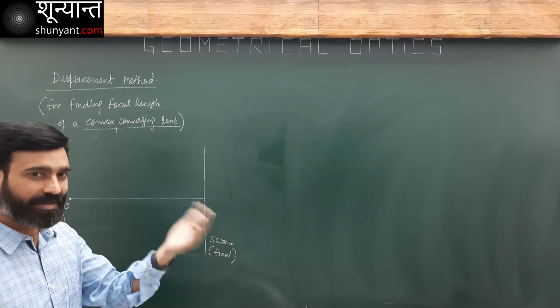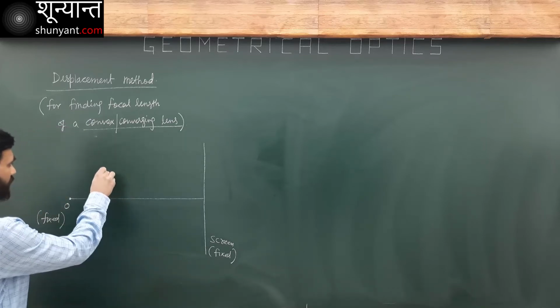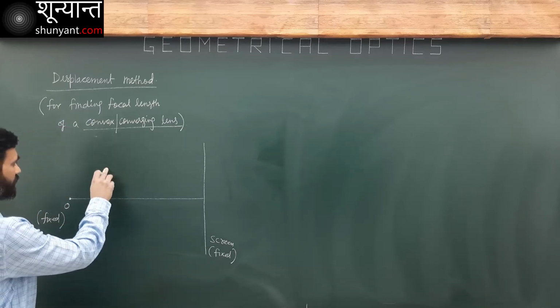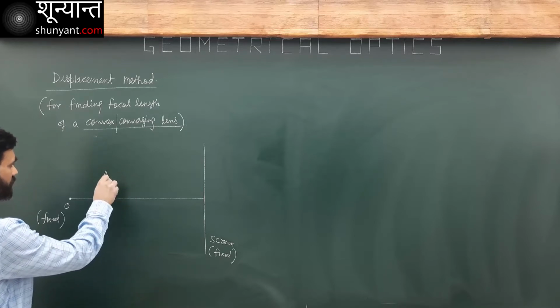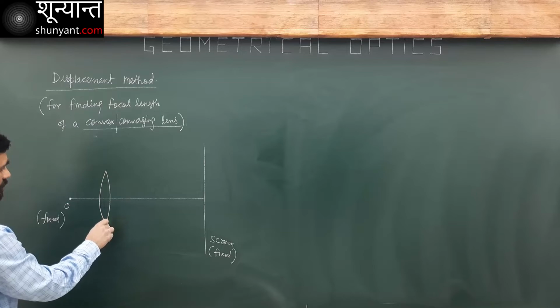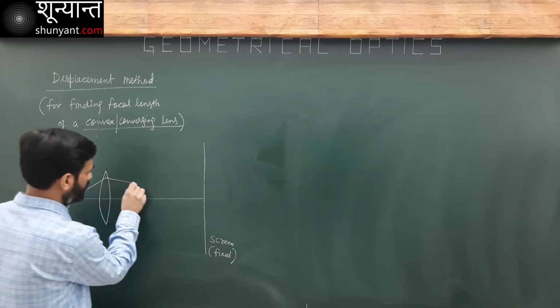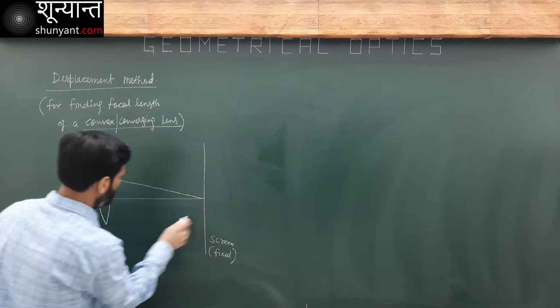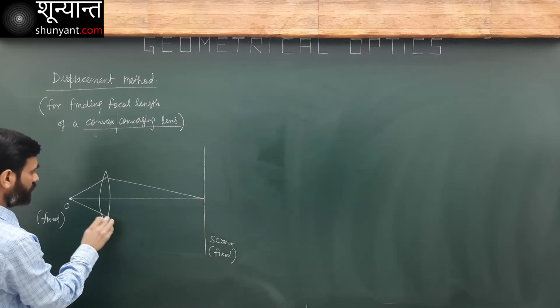A convex lens forms a real image. So at some particular position, let's say at this position here, I get a sharp real image.